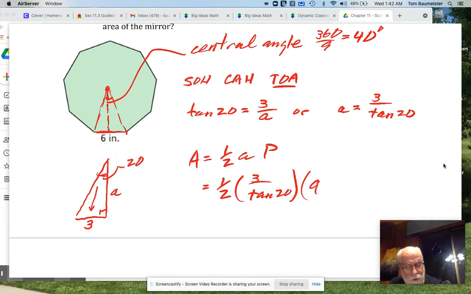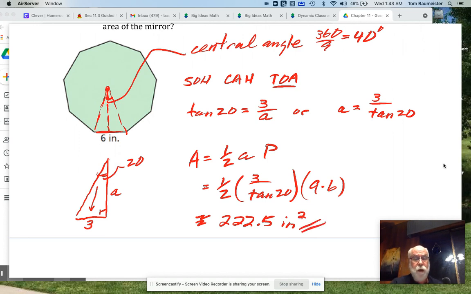Each side length here is 6. And if I plug that into my calculator, ladies and gentlemen, I should on this one here get 222.5 square inches or inches squared. I like to always use the inches squared. So I'm going to put inches squared.